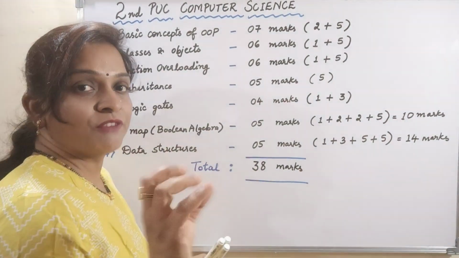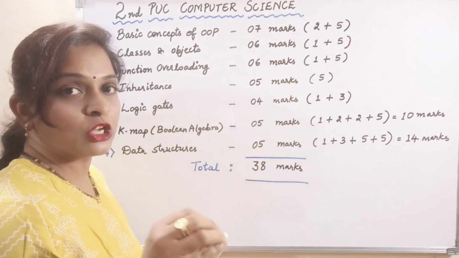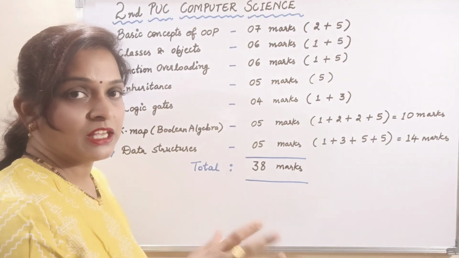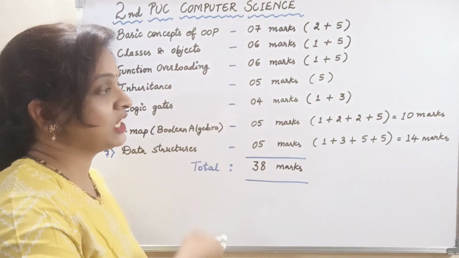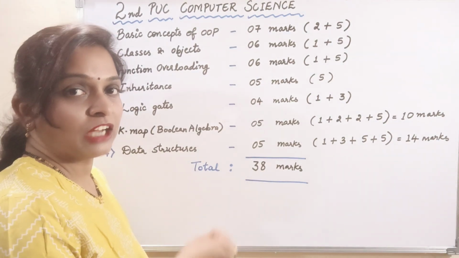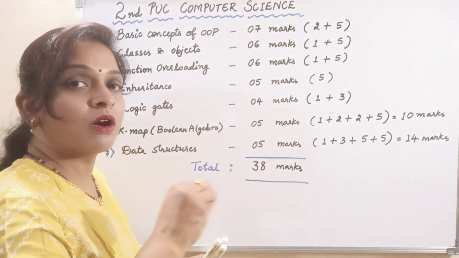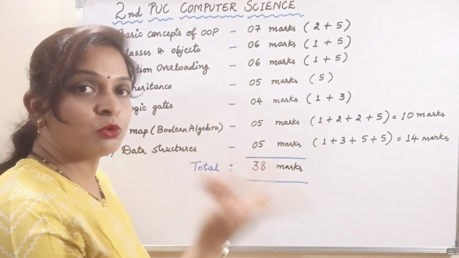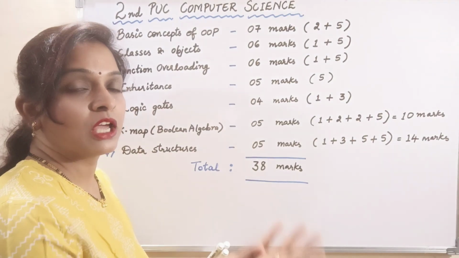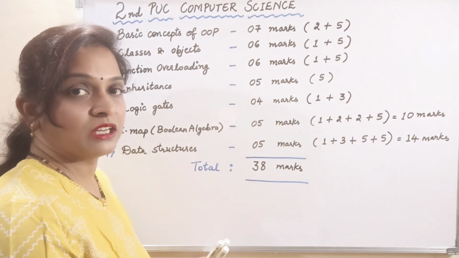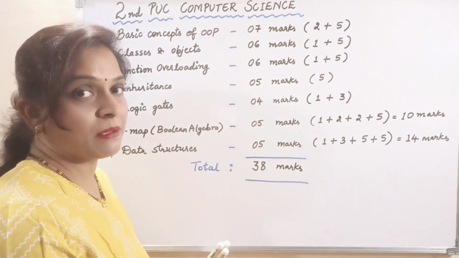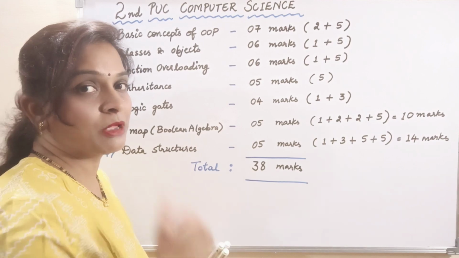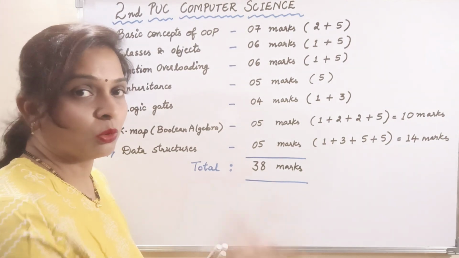The first chapter, a very simple chapter, is basic concepts of object-oriented programming. It is totally theory-based. When we come to the theory chapters, it will be easy for a few students to mug up a few definitions. As you all know, you have two different divisions here. One is the theory part division, the other one is the programming part division. Means some theory oriented chapters and the programming oriented chapters. You all know that.